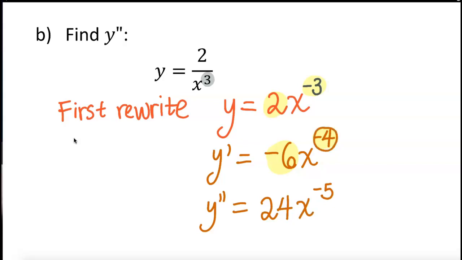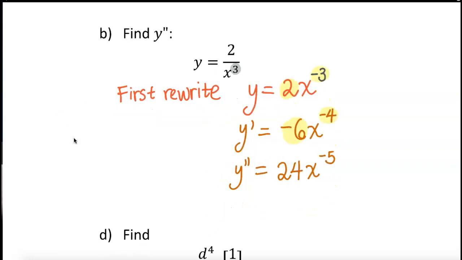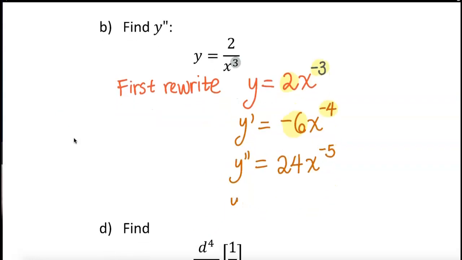Okay, so this is the right answer, but we can go ahead and write this in a fraction format. So I can say y double prime is 24 on top of the fraction and x to the fifth power in the bottom of the fraction. So this is the y double prime.